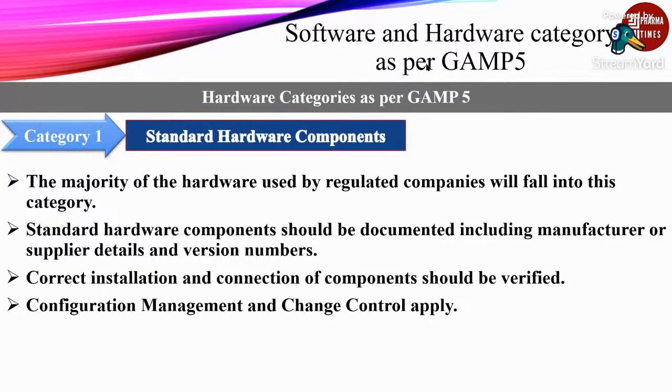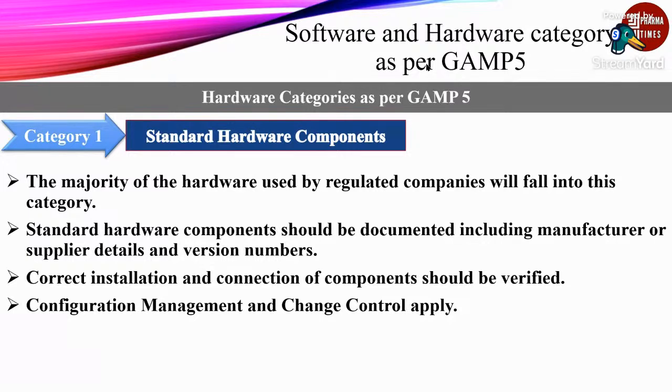This category includes manufacturer identification and serial number, with a memo, and some versioning system. There is a defined manufacturing process used by the supplier or dealer. Correct installation and connection of components is easily possible for standard hardware components.